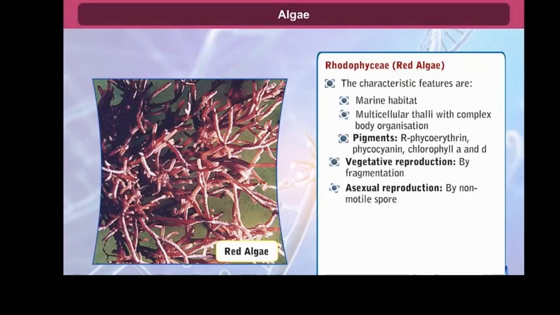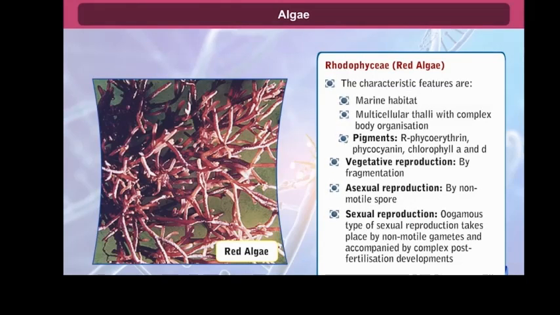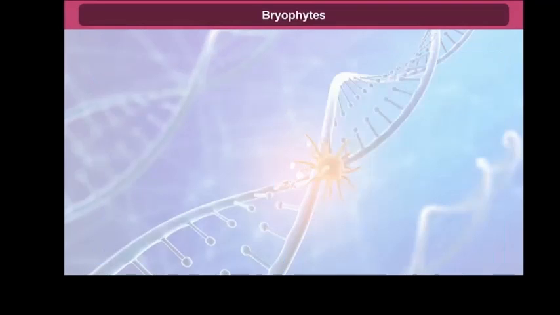Asexual reproduction by non-motile spore. Sexual reproduction is oogamous, takes place by non-motile gametes and is accompanied by complex post-fertilization developments. Examples: Polysiphonia, Gracilaria, Gelidium, etc.